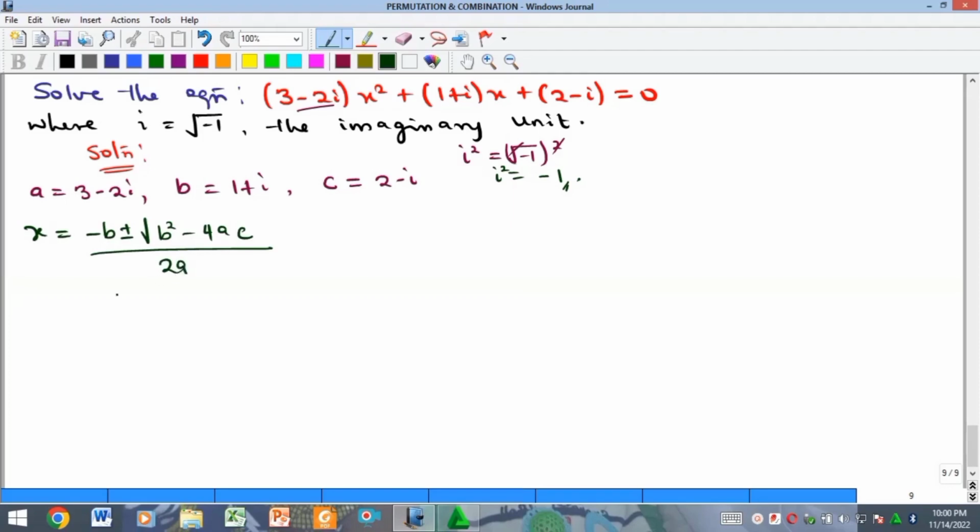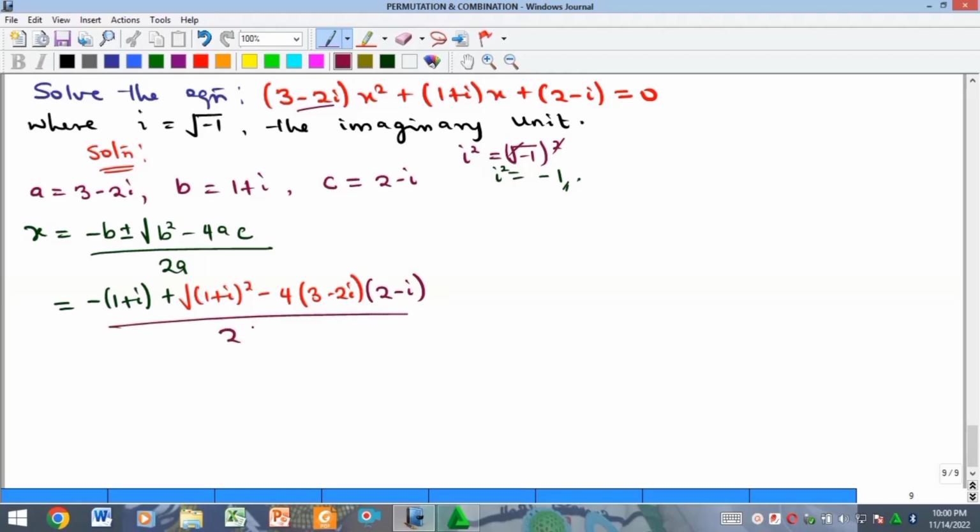So we quickly substitute: minus (1 plus i), which is our b, plus or minus the square root of (1 plus i) all squared, then minus 4 times a, which is 3 minus 2i, multiplied by c, which is 2 minus i, and the whole of this will be over 2 times a, which is 3 minus 2i.